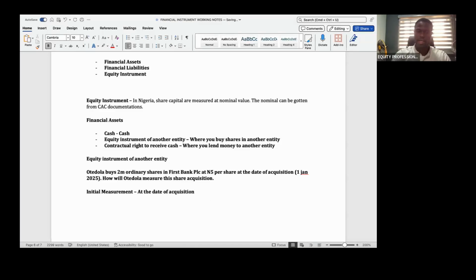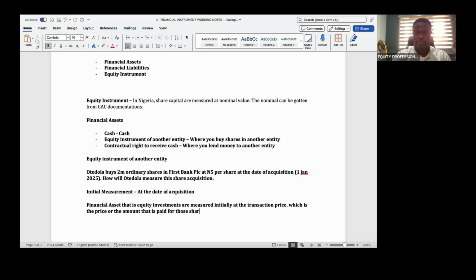So the standard says that financial assets that are equity, let me call it equity investments, when you buy shares, equity investments are measured initially at the transaction price, which is the price or the amount that is paid for those shares.